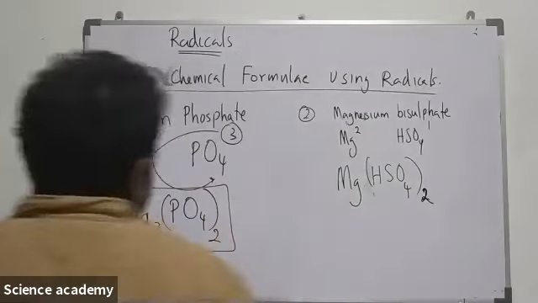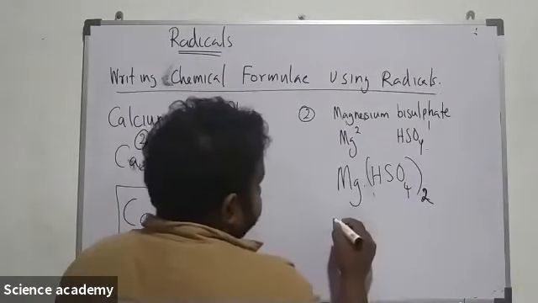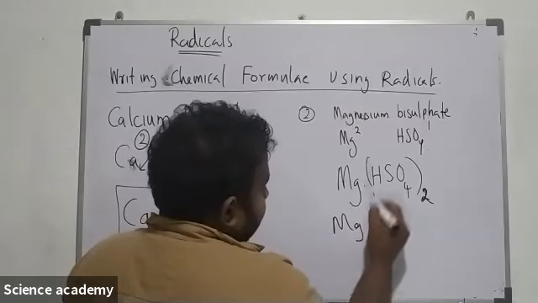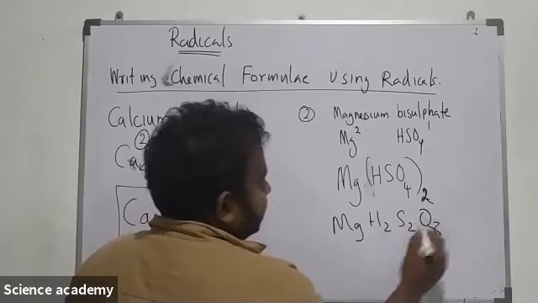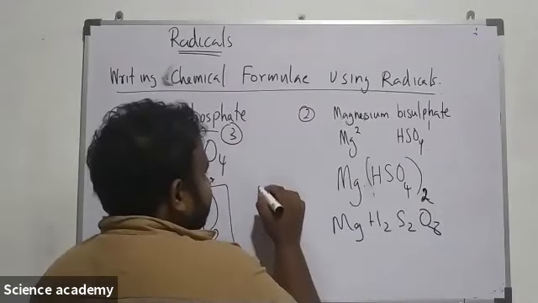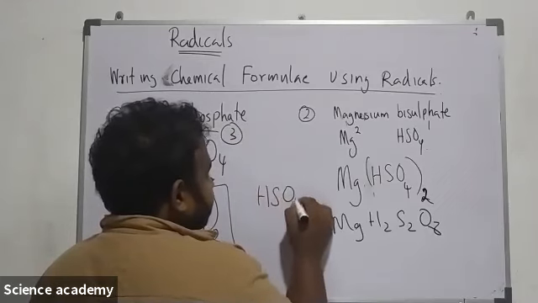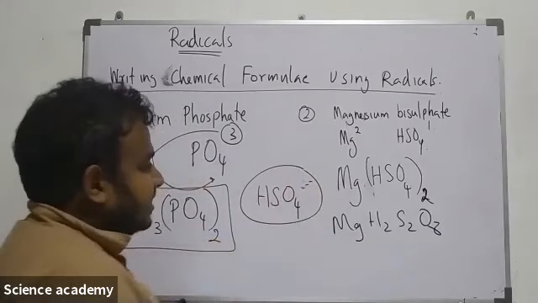So that's a good question: why can't we write this as MgH2S2O8? Remember one thing: this HSO4 minus is a radical.